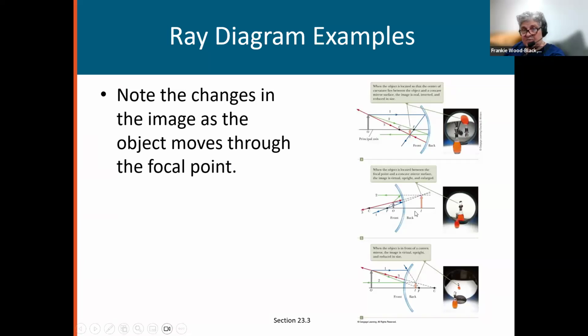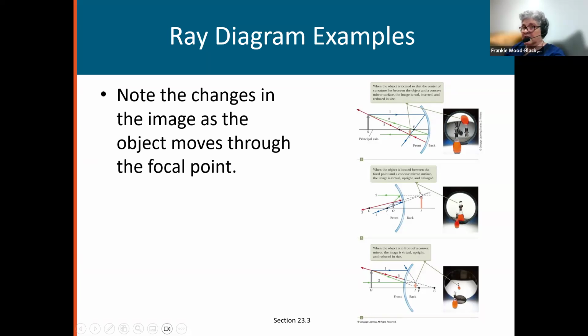I can do the same thing. Now, what's going to be interesting is this shows the object outside of the radius of curvature and the focal length. But now what happens if I put my object inside the focal length? I'm going to end up with a virtual image because of how it works, but I can still do the exact same set of ray diagrams where I put my line, come through, I go through my focus point up to the edge and across.